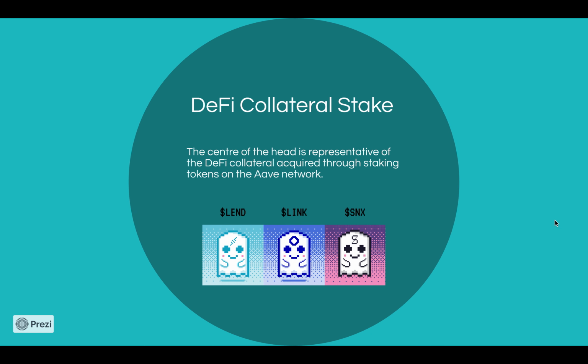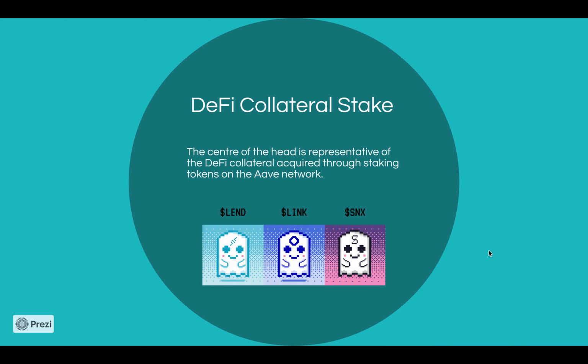The center of the head, as you can see down here, for example, Lend, Link, or Synthetix, is representative of the DeFi collateral acquired through staking this particular currency on the Aave network. What you then get are aTokens, which are in turn used to buy portals, and depending on what currency you use, what aToken you used, the Aavegotchi will have a different symbol.